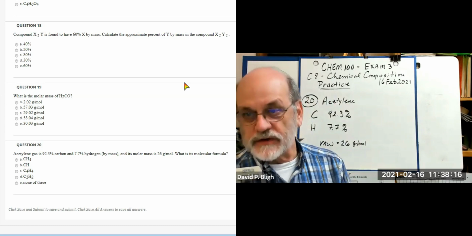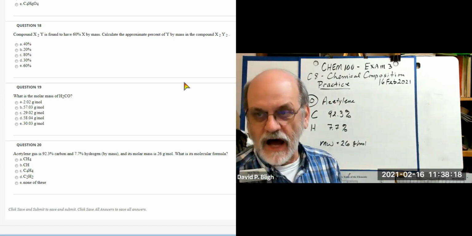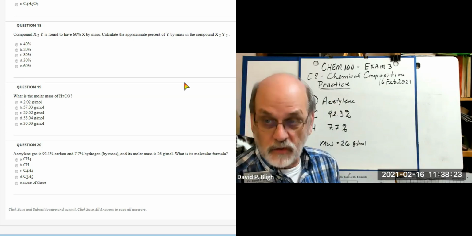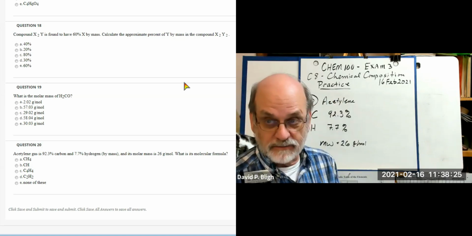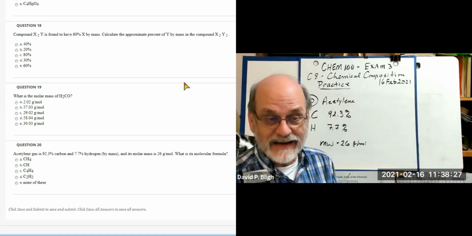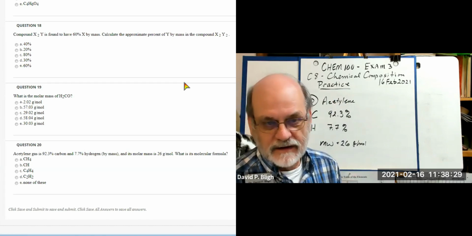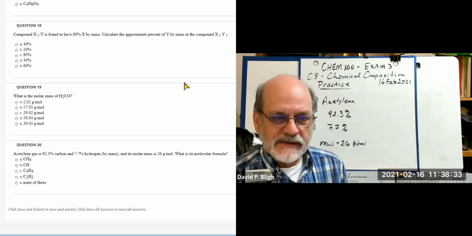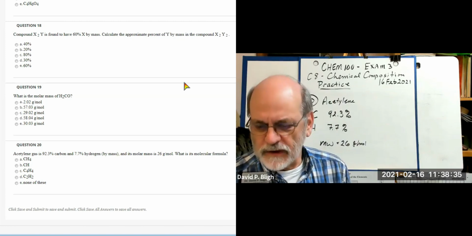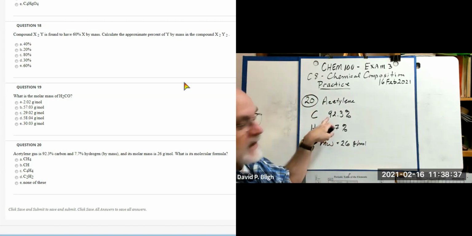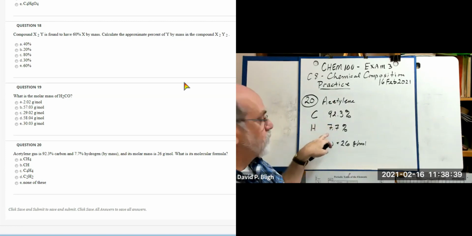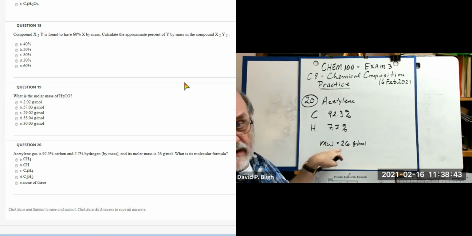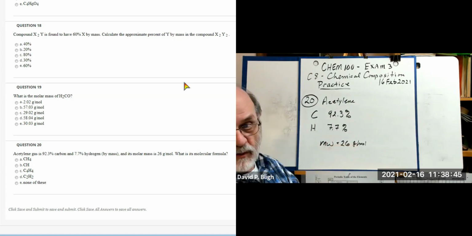Every welder knows acetylene, like the oxyacetylene torch they use for cutting. That particular brand of torch produces a very high temperature at the tip of the wand. But we want to know what's the molecular formula, and we're given this information: 92.3% carbon, 7.7% hydrogen, and the actual molecular weight is 26 grams per mole.